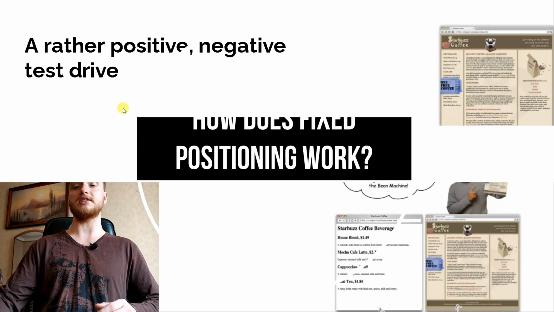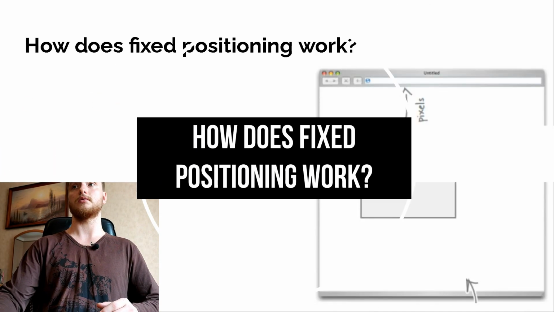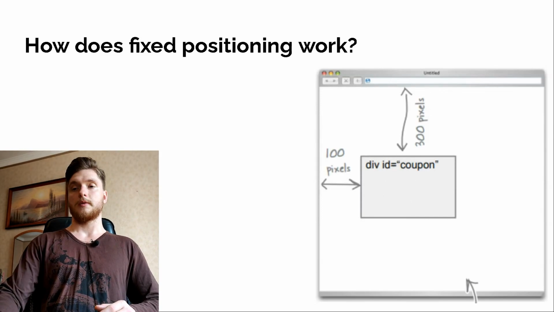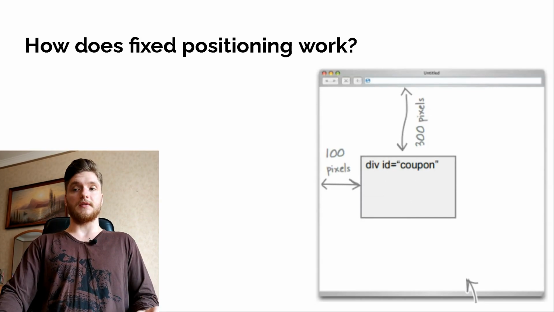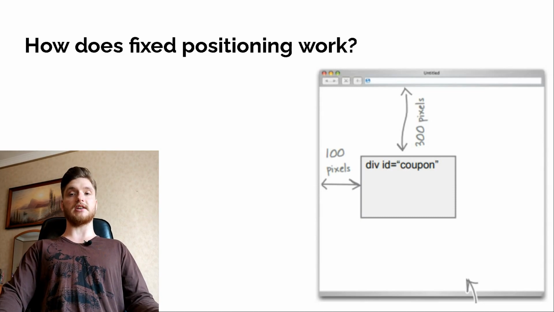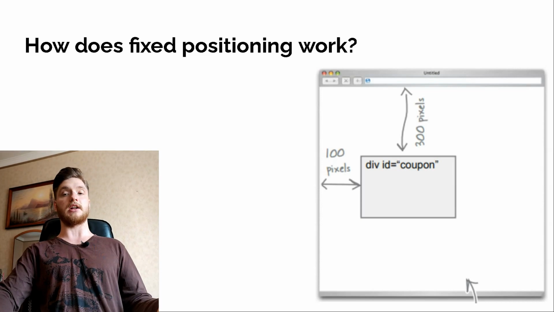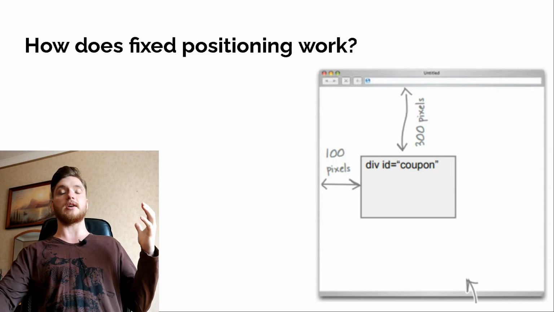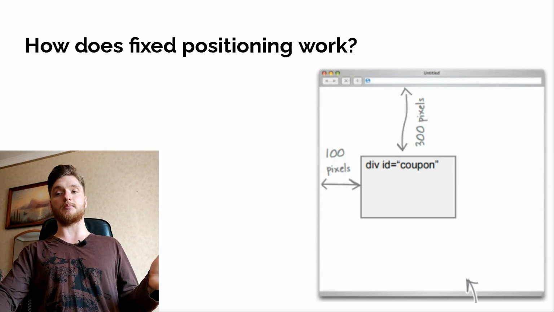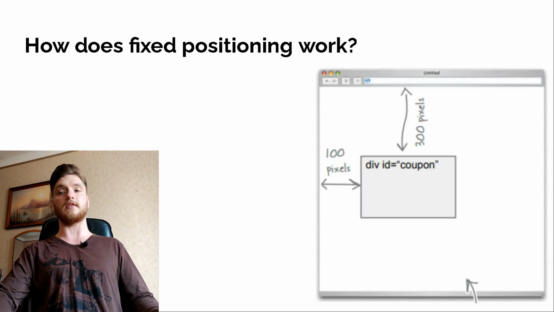How does fixed positioning work? Compared to absolute positioning, fixed positioning is pretty straightforward. With fixed positioning, you specify the position of any element just like you do with absolute positioning, but the position is an offset from the edge of the browser's window rather than the page.